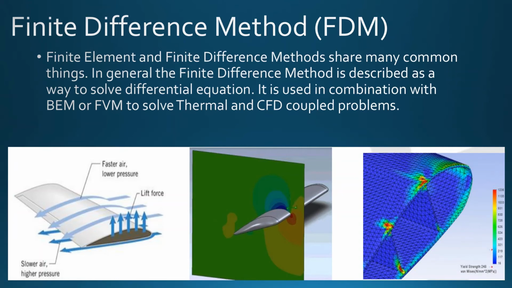What computational fluid dynamics will do is give you an idea about the pressure difference, and once you know the pressure, you can apply finite volume or finite element analysis, since you have the pressure, and you can find the stresses. So it's nothing but the combination of two methods.